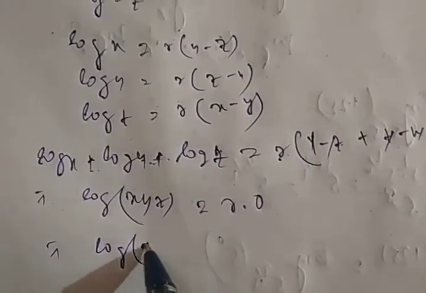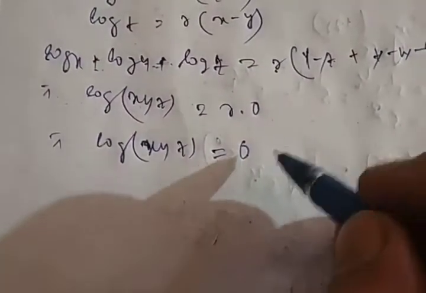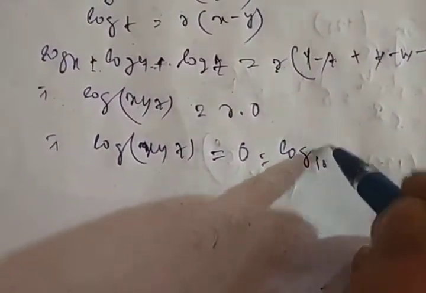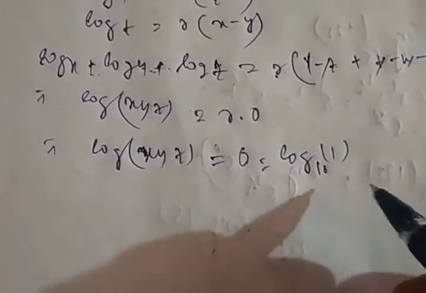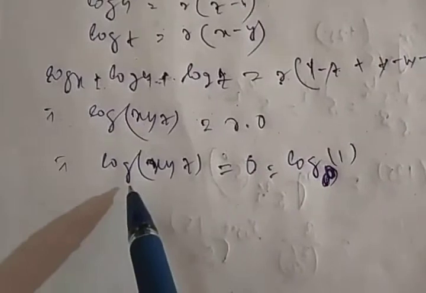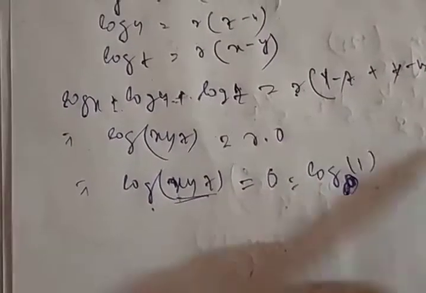So using the formula, we get log of xyz equals r into 0. So log of xyz equals 0, which we can write as log 1. We know that log 1 is 0. So xyz equals 1.